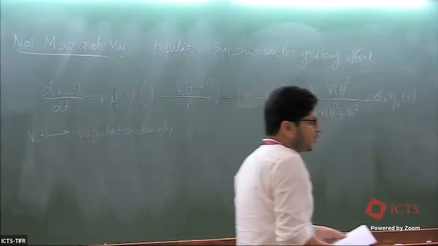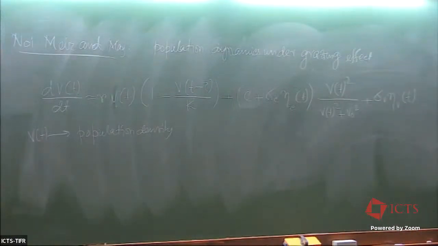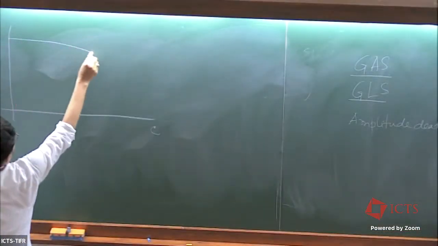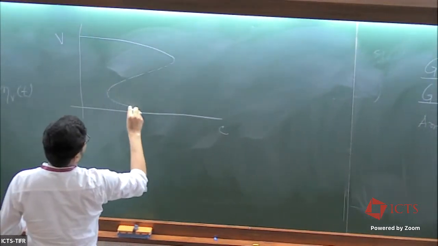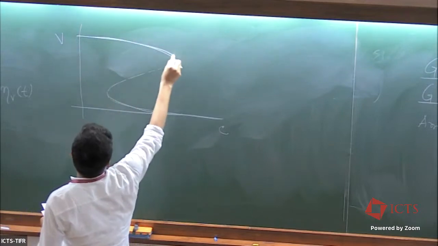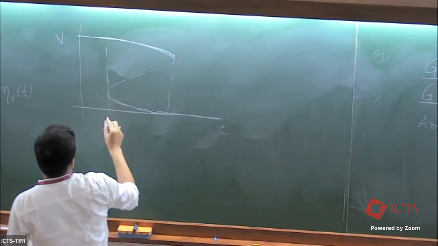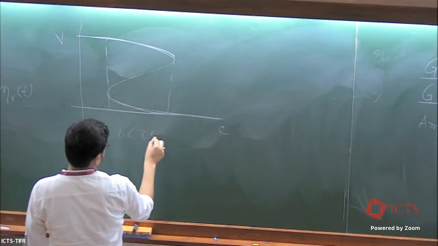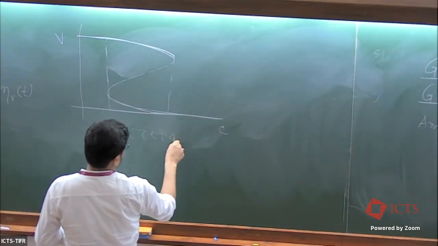By considering this model, they have obtained some interesting results. If you draw V versus C, then it shows something like this. This is the stable and this is the bistable zone, for certain values, 0 less than tau less than 1.4.